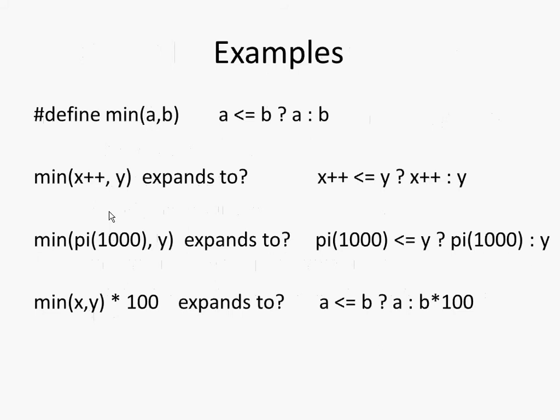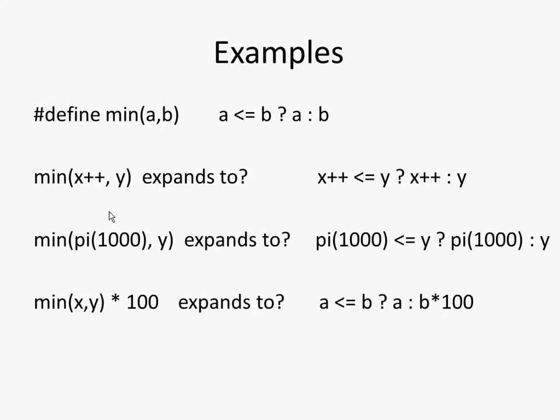So now, why could this be confusing? Why could this throw someone off? Increment x twice. Yeah, this actually could be incrementing x twice. Was that what you meant? No, but it's doing what you said, given that min is defined as a macro.